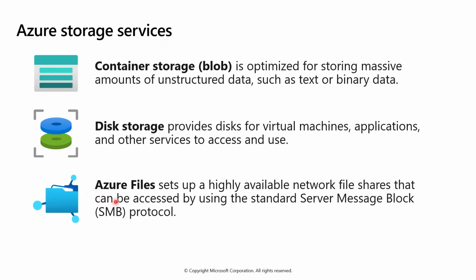And then I guess all of us would have worked with file shares once in a while. Within your organization, in your on-premises system, you will have some sort of file share where we maintain all the files across the organization. Similar to that, Azure has created a service known as Azure Files, which creates a highly available network file share system, and this is accessed over standard Server Message Block.